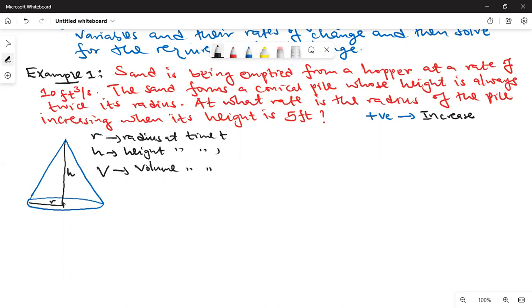If a quantity is decreasing, then you denote the sign by negative. Those are very important. Negative here will mean a decrease.